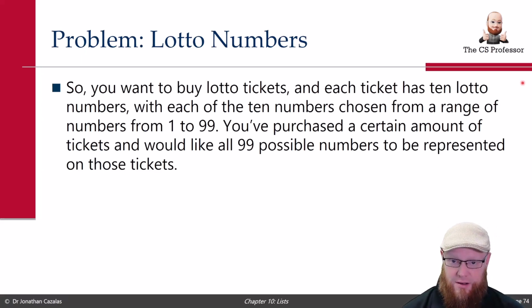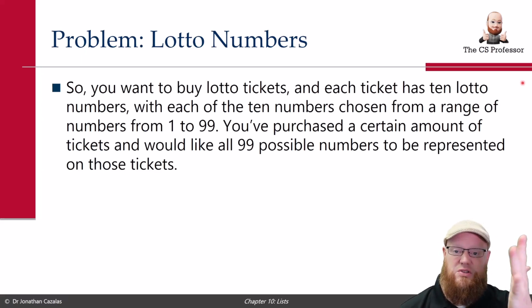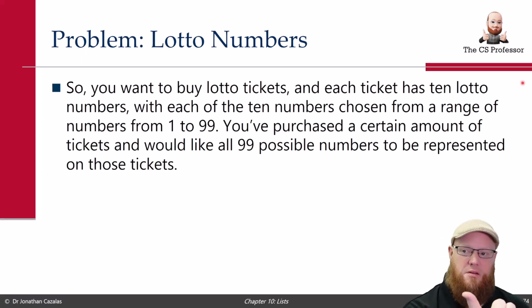So a given lotto ticket has 10 numbers. I'll give an example ticket: 12, 18, 94, 73, 62, 8, 15, 71, 65, and 49. Those would be the 10 numbers on one ticket, for example.